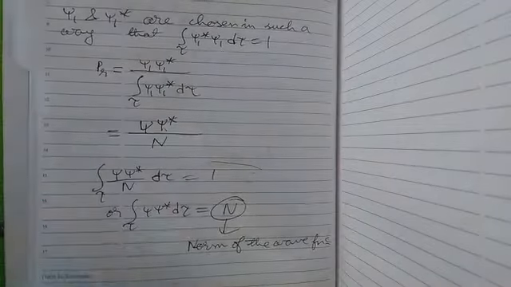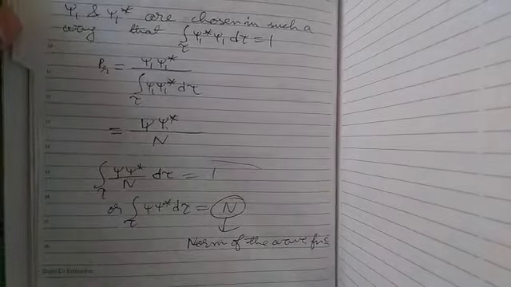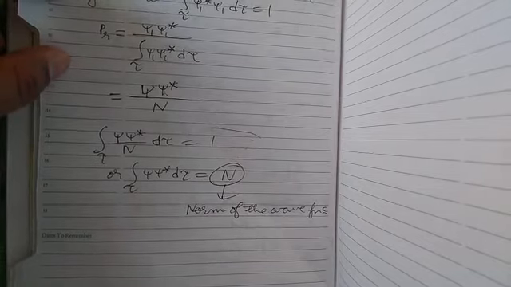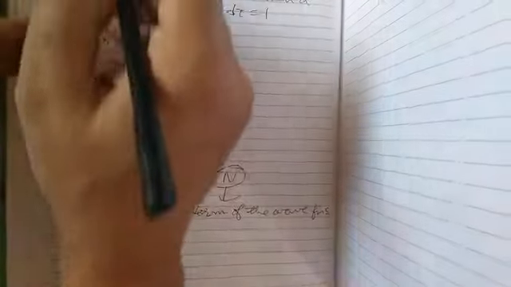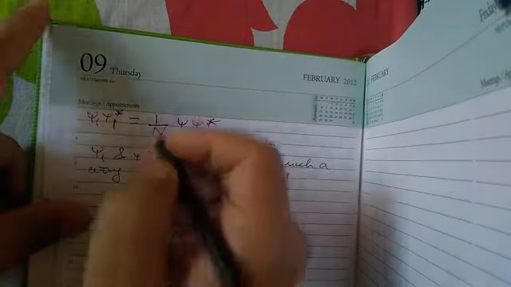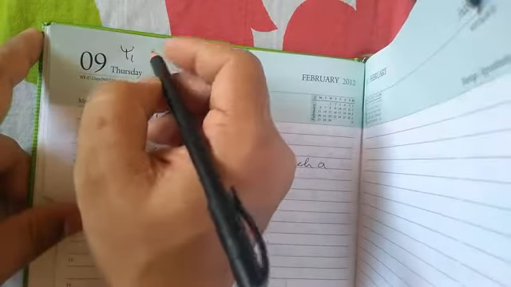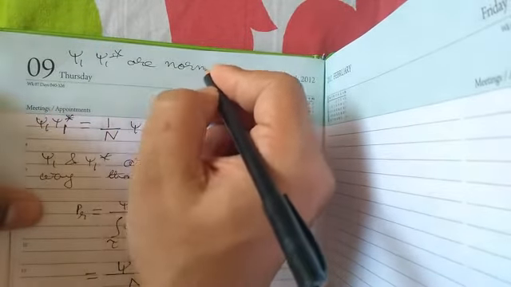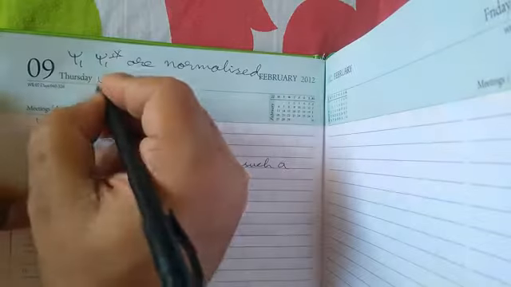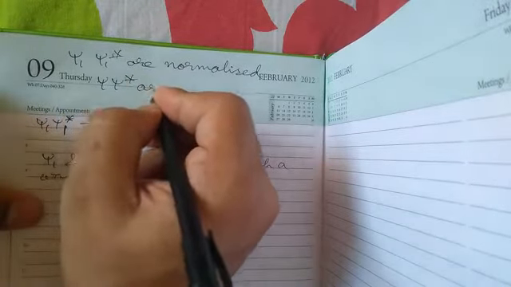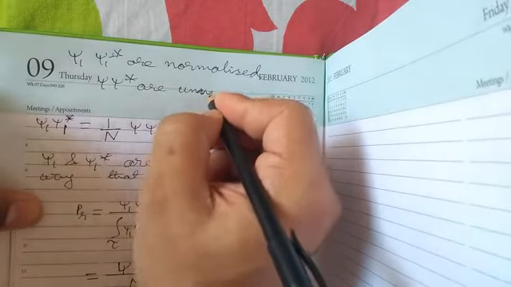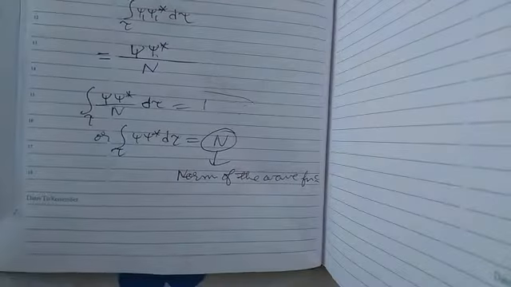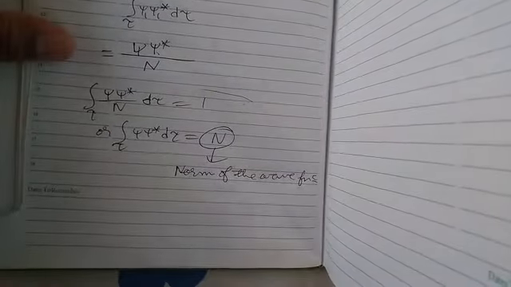Now it's very easy to normalize a wave function. Psi1 and psi1 star are normalized, psi and psi star are unnormalized. How will you normalize a wave function?